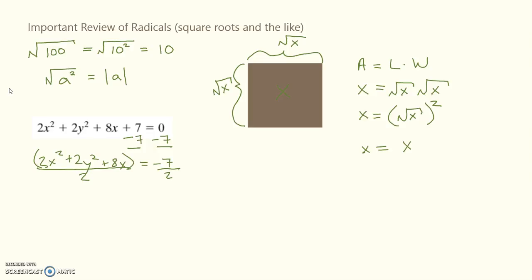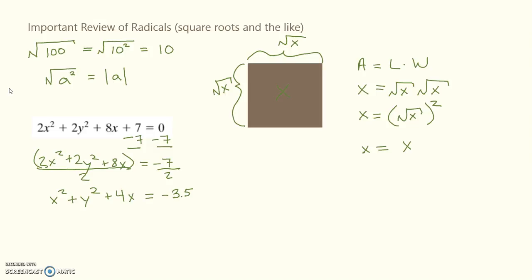In this case, we're going to divide each of these terms by 2, so we end up with x squared plus y squared plus 4x equals -7/2. We can call that -3.5.